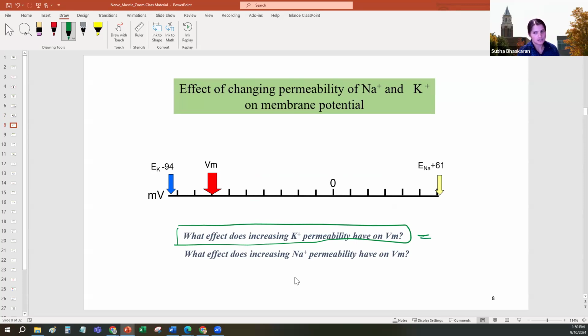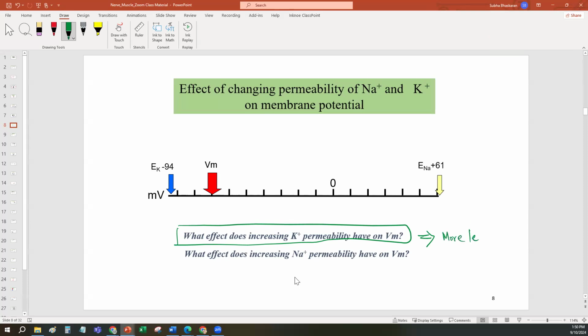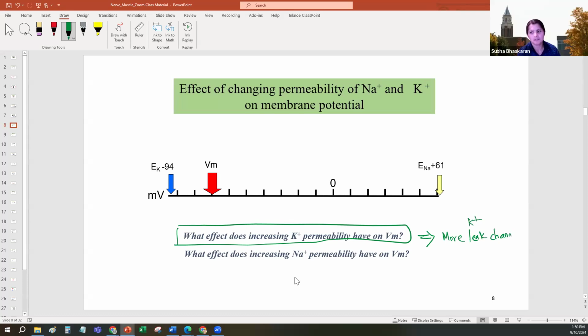What does this question tell us? Anyone? VM is becoming more negative. Very good. I just want you to rephrase that question for me, Eric, if possible, or anyone. What is happening if more potassium leak channels are open? Super. Eric made it.